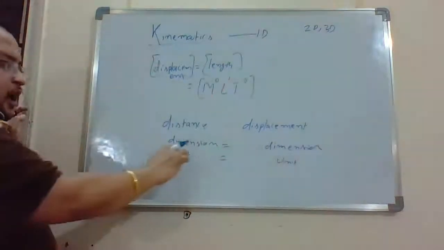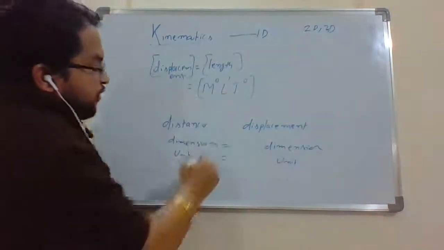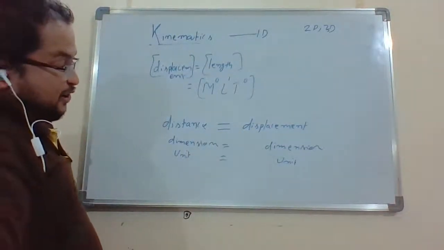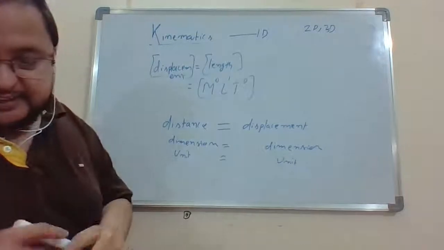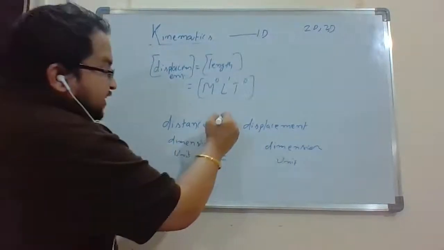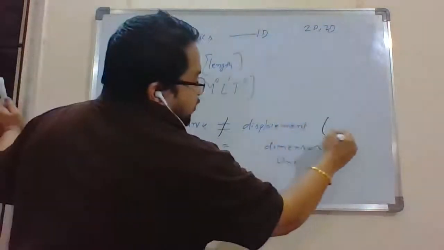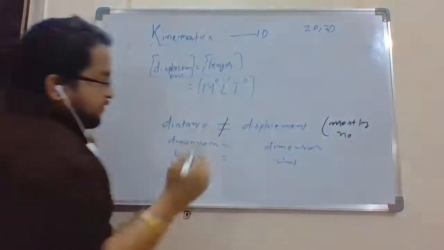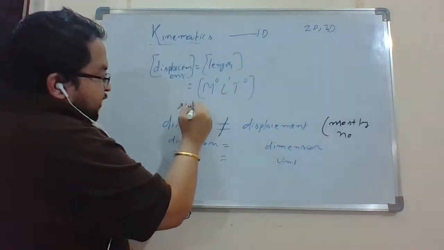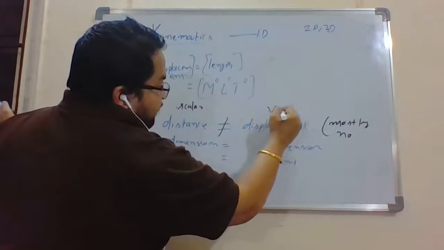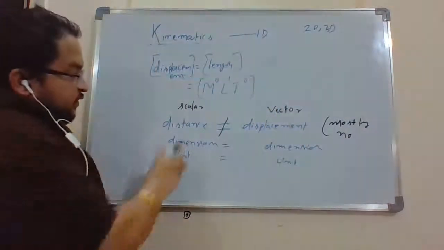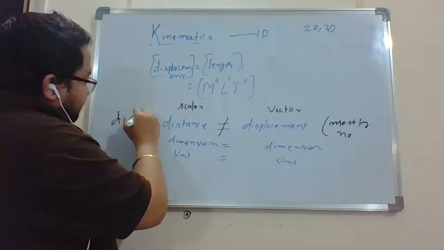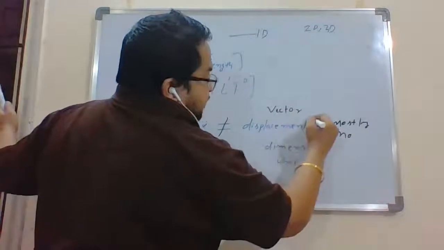So if the dimensions are the same and the units are also the same, can I say that distance equals displacement? The answer is not necessarily, and most of the times no. Because the first difference is that distance is a scalar quantity and displacement is a vector quantity. So distance has no direction and displacement has a direction.